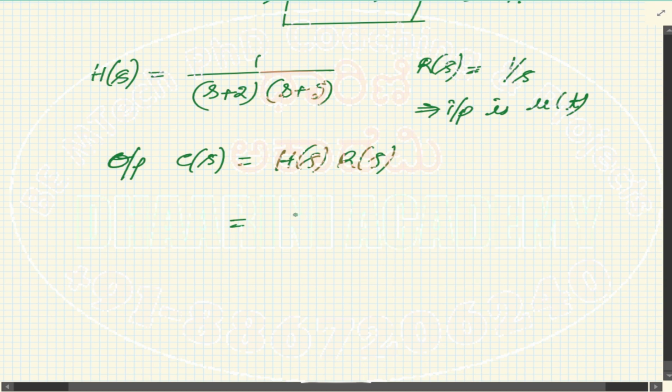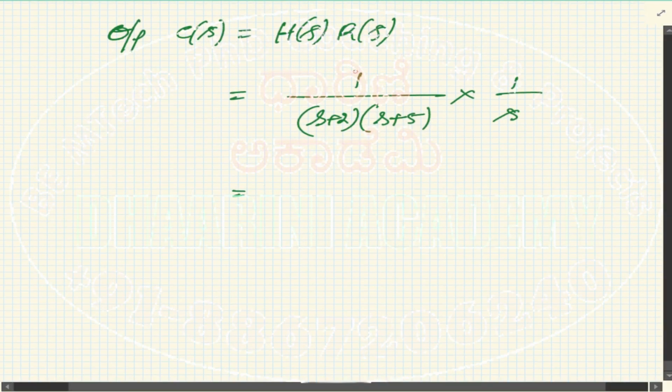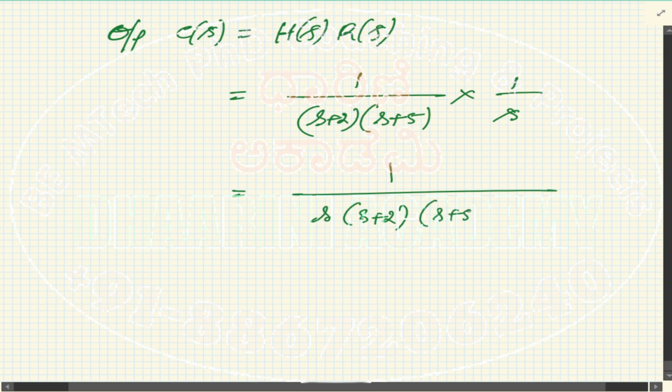The system's function is 1 divided by (s plus 2) into (s plus 5), into 1 by s. This is equal to 1 over s into (s plus 2) into (s plus 5).